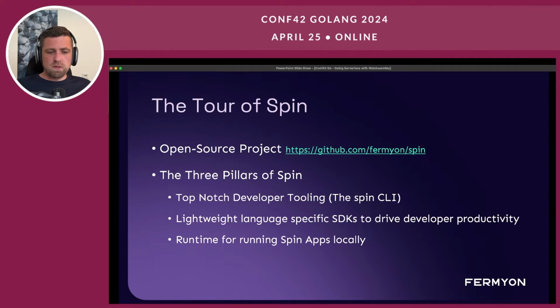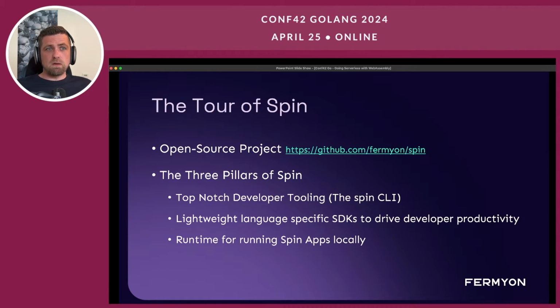It's a super simple yet powerful CLI that allows you to create new projects using different templates, to compile your code down to WebAssembly, and to run apps locally. So it addresses all the concerns of the inner loop experience, right?